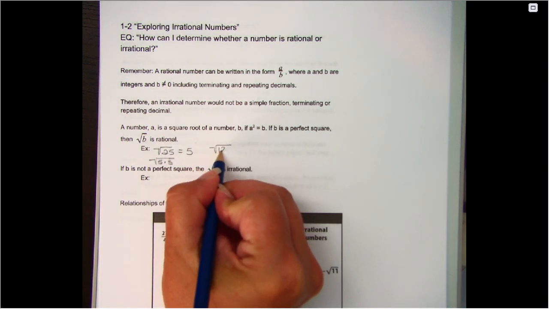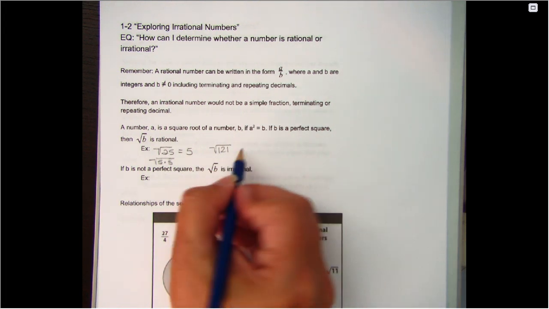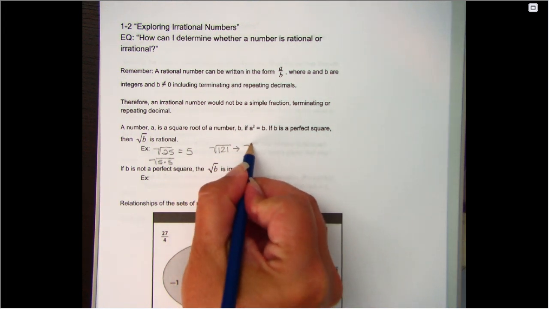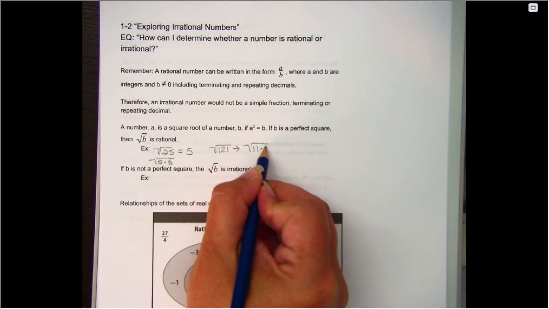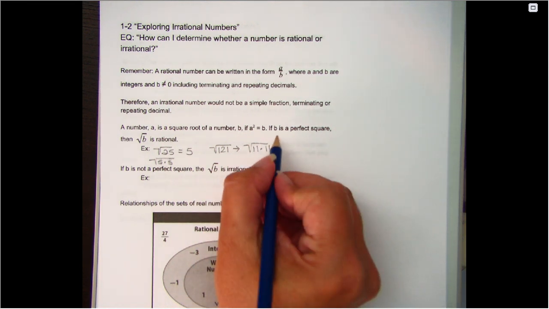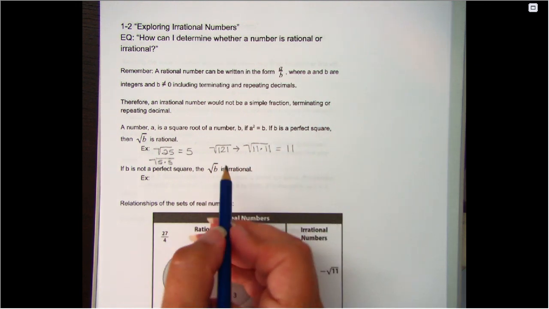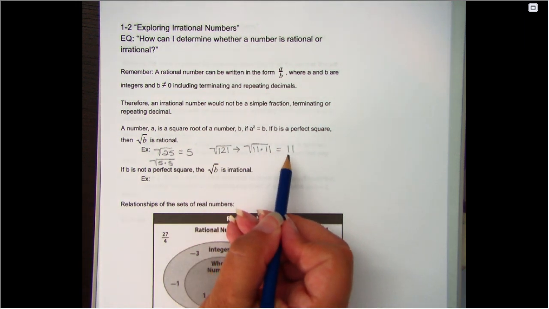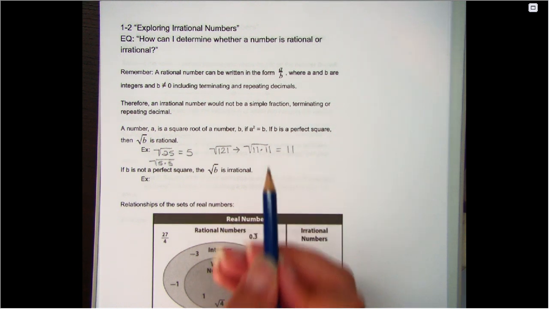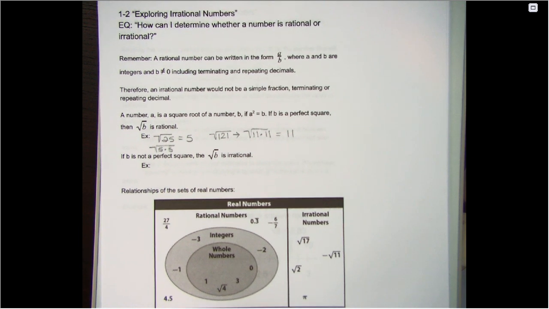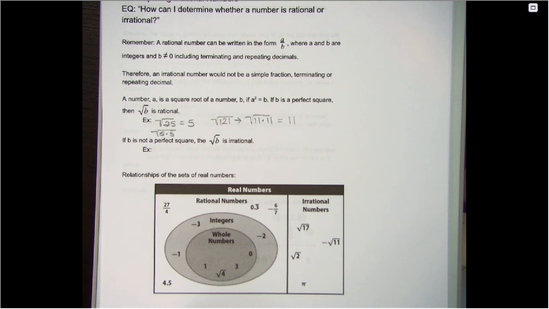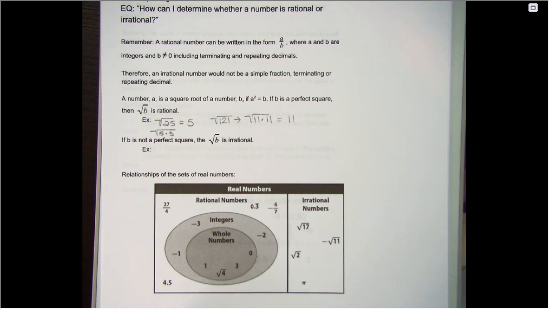Square root of 121. Well, 121 is 11 times 11. So the square root of 121 is just 11. If it's not a perfect square, then it's irrational.